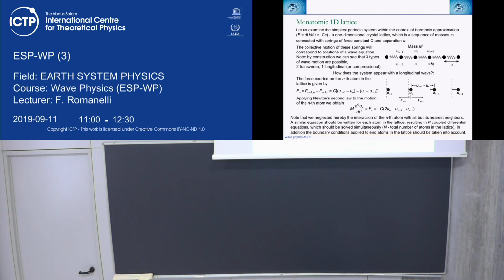And now we have a set of masses with springs, keeping them together. What are the springs? Representation of the harmonic potential, interatomic harmonic potential. What should you do? Well, you have n masses, you have to write n equations of motion, and you have to solve them. The force is given by the springs.